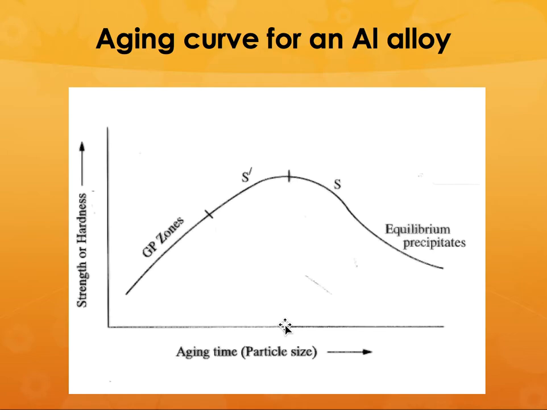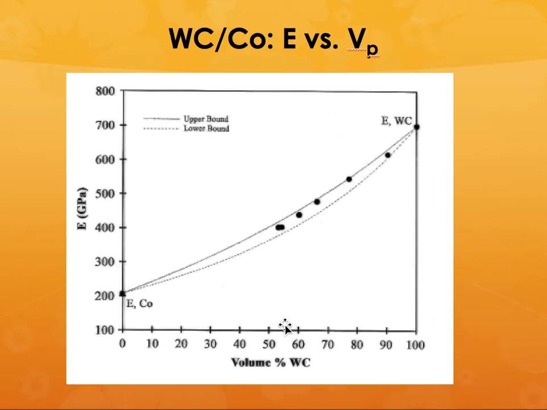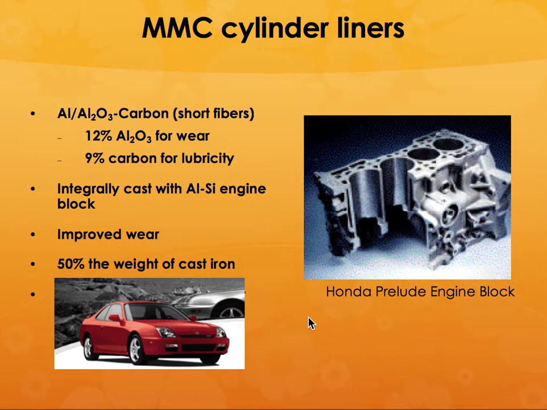In the case of aluminum alloys, you can have precipitation hardening. In the case of tungsten carbide cobalt, it can do other things. So you can actually see that there is an increase with respect to the percentage of tungsten carbide. So that is another composite system.